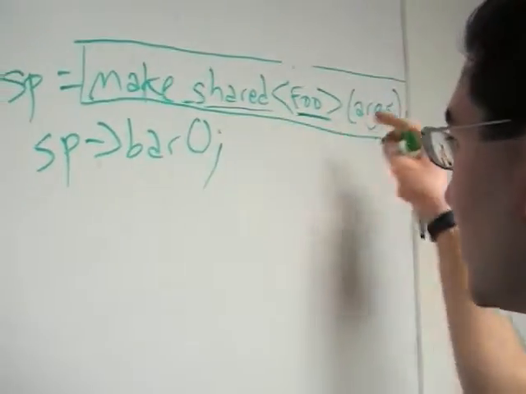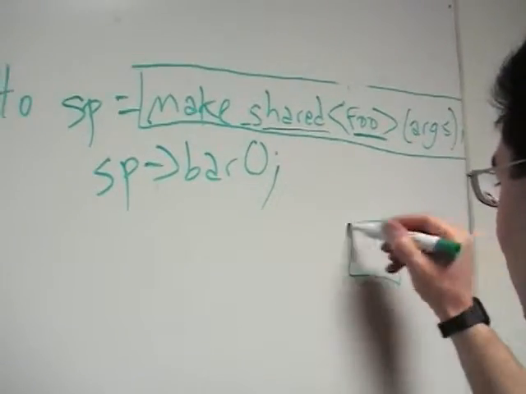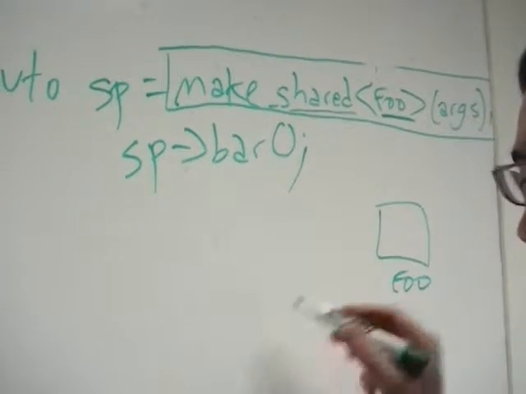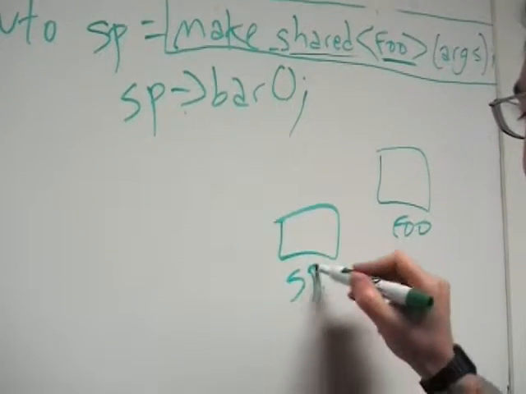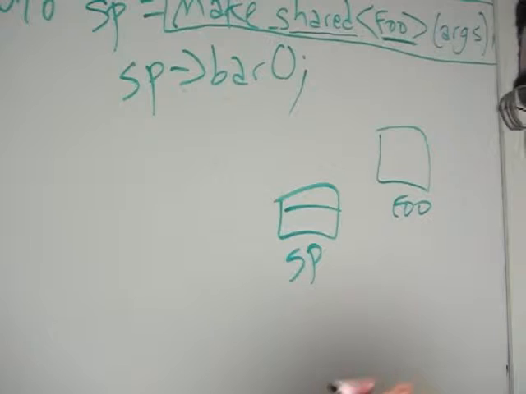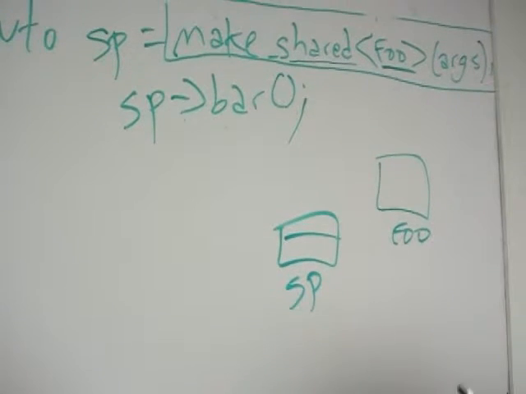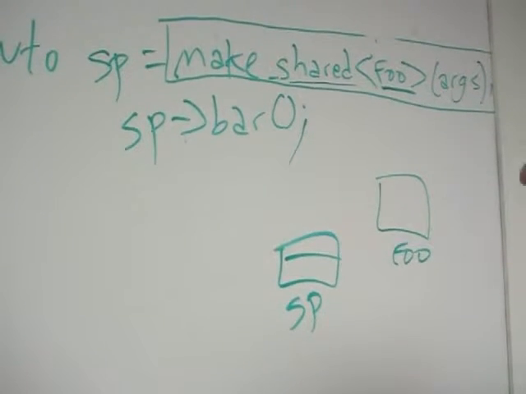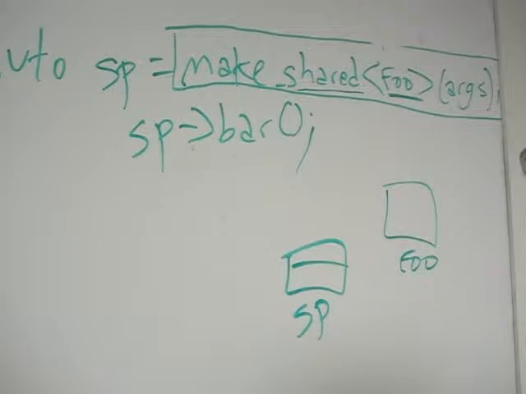So what make_shared is doing is constructing the Foo, and it's constructing the shared pointer that owns it. It's also doing something a little more efficient, and this is something we couldn't do in VC9, and that is saving memory.